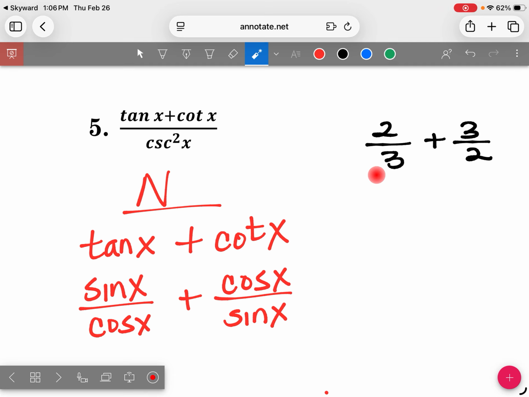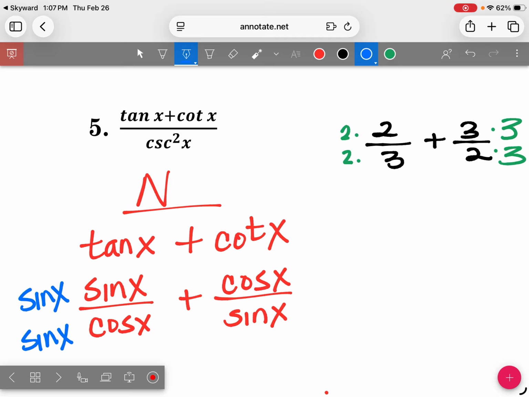So what would I have to multiply this fraction by? 2. And what would I have to multiply this fraction by? 3. We're doing the exact same thing. I'm multiplying this fraction top and bottom by sine, and this fraction top and bottom by cosine, because you have to get a common denominator.